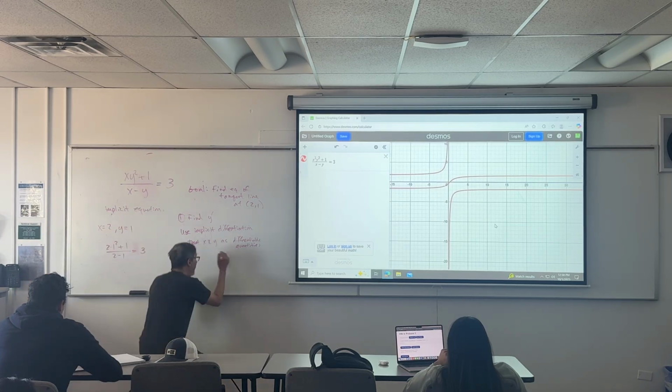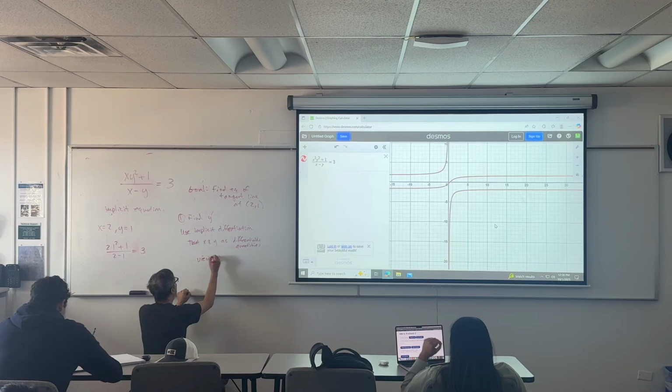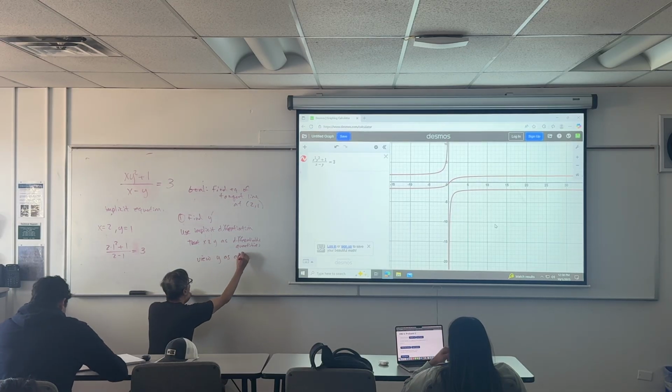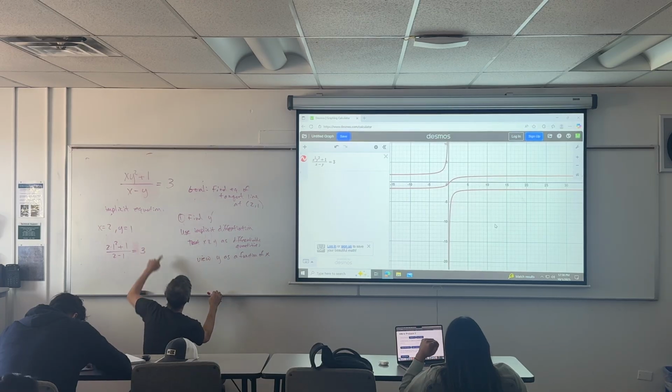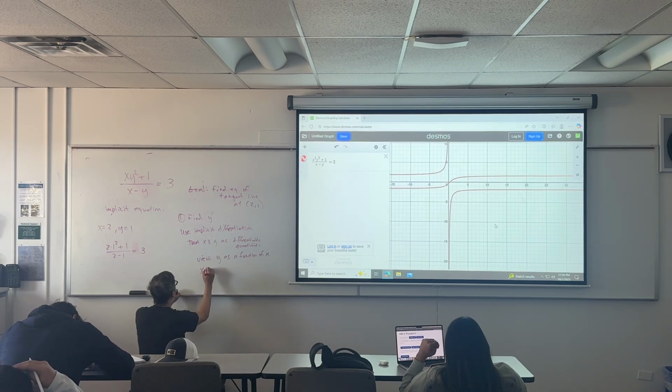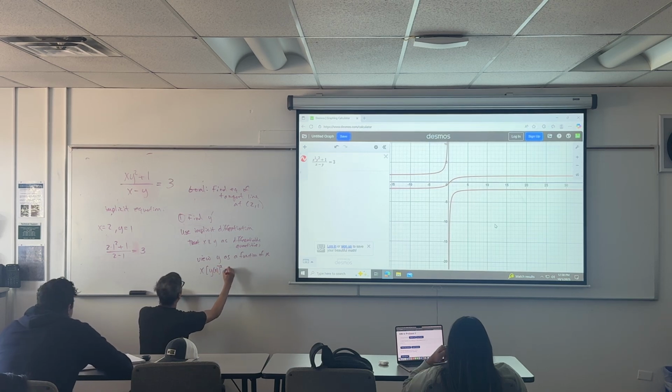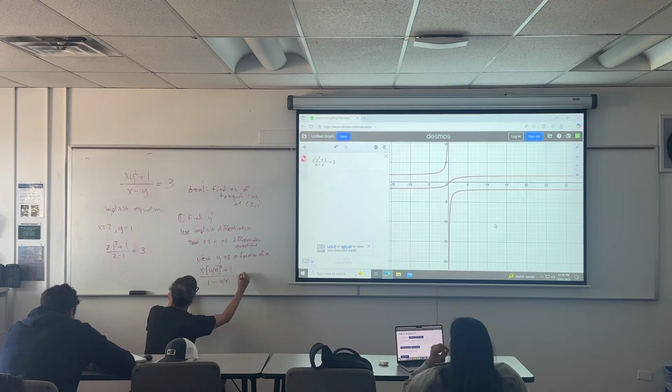So what do I mean by this? View y as a function of x. So let me show you if I rewrote that up there. I might actually even write it like this: x times y of x squared plus 1 over x minus y of x equals 3.